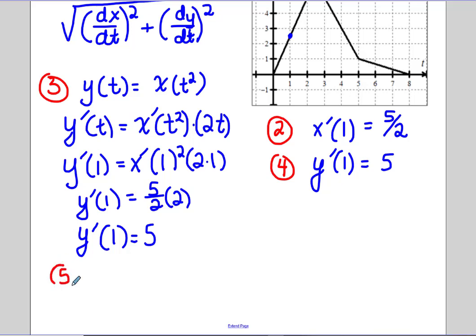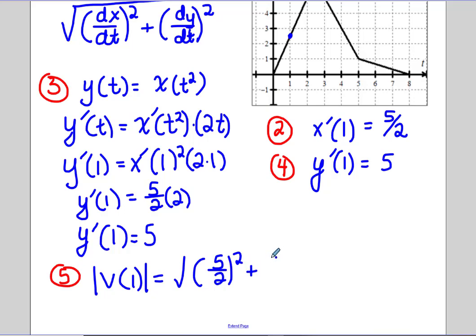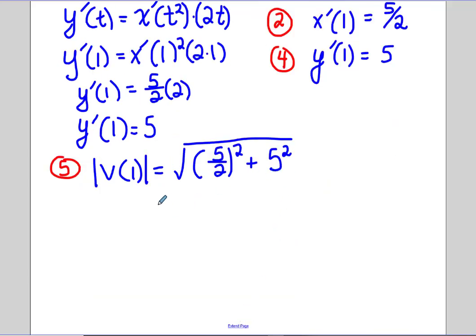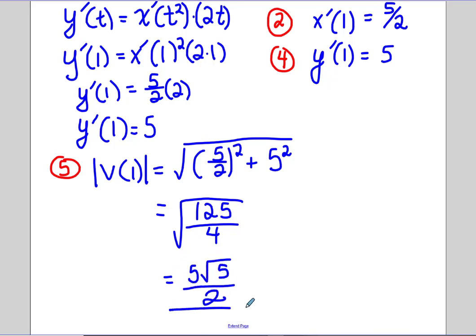And then finally, to put all that together, if we want the speed, absolute value of velocity at 1, using our formula up here, we've got 5 over 2 squared plus 5 squared. So that's looking like 25 fourths plus 25, which is 125 over 4 under the radical, which could be 5 square roots of 5 over 2.